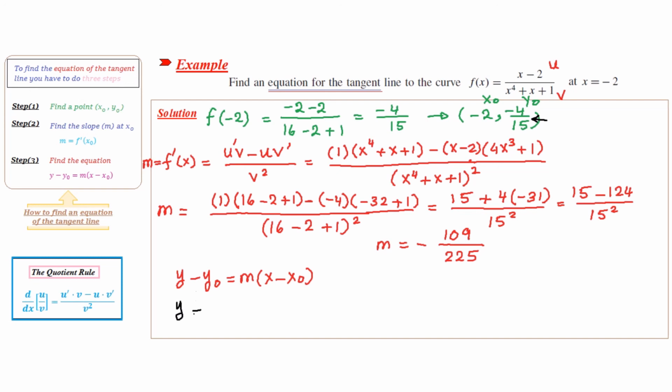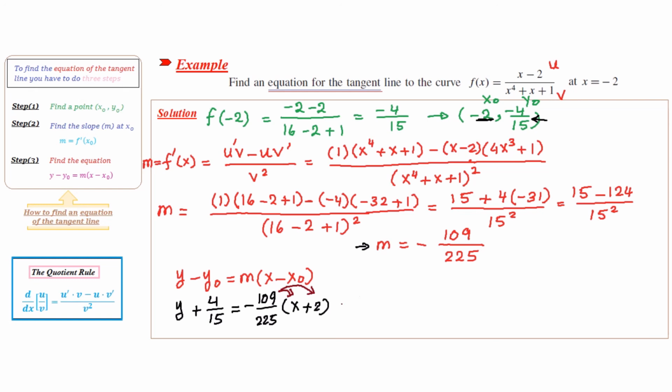Since we have minus here, it will be plus 4 over 15 equals the slope m, which is -109 divided by 225 multiplied by x minus x0. And this is x0, so x minus minus 2 will be x plus 2. Now you have to simplify, then you will get the final answer.